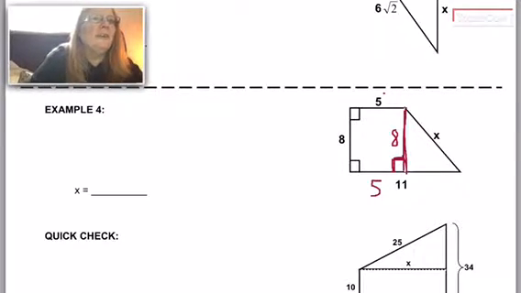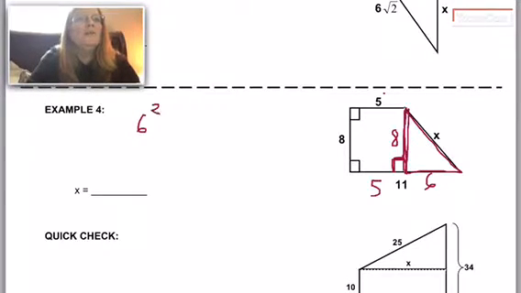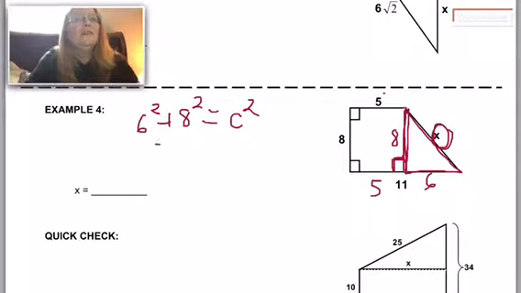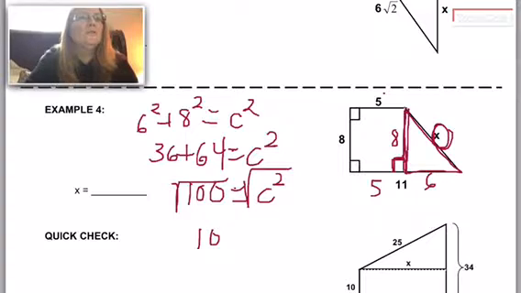And so now 11 minus 5 is 6. So now we can use our right triangle. 6 squared plus 8 squared is equal to c squared, or x squared. 36 plus 64 is equal to c squared. 100 is equal to c squared. So c is equal to the square root of 100, which is 10.